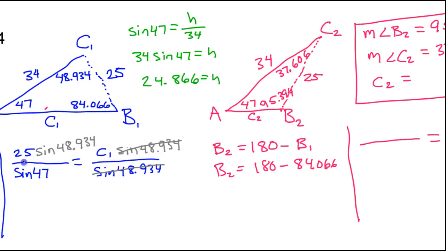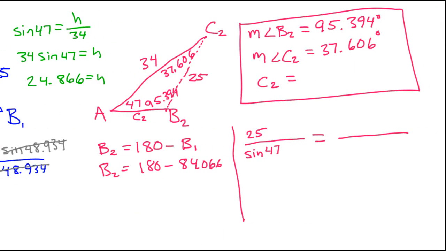So I'm going to do 25 over sine 47, just like I did the last time, and that should equal side C2 over the sine of angle C2, which is 37.606.